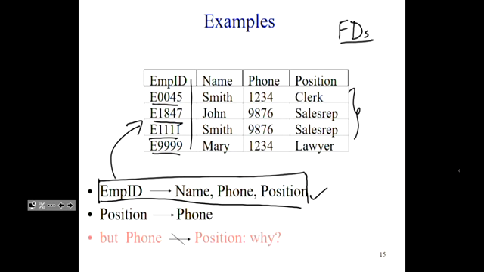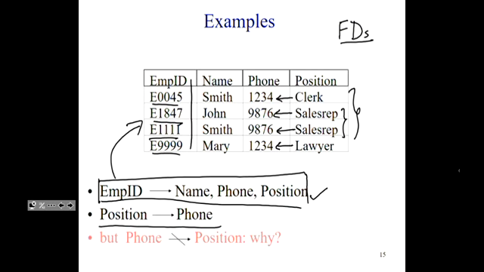Okay. Does position imply phone? Let's take a look. Clerk has a value 1, 2, 3, 4. Sales rep, there are two tuples with value 9, 8, 7, 6, and one corresponding to lawyer.